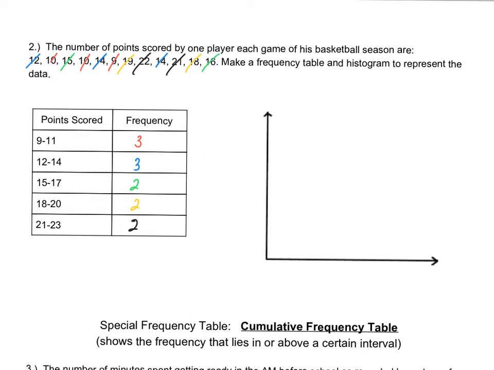So what I'm going to do now is I'm going to take this information, okay, points scored, those buckets there, and then the frequency, how often each of those occurred, and I'm going to convert those to a histogram. A histogram looks a lot like a bar graph. The difference is in a bar graph, the bars are separate. In a histogram, they are not. So I'll have my different categories here on the bottom.